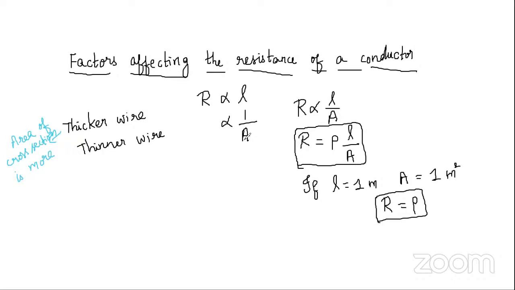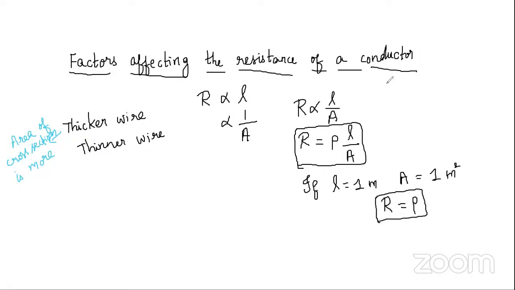So how can you differentiate the ability of materials to offer resistance to the flow of electrons? For that only we introduce the concept of resistivity, because resistivity is a constant for a particular material. If you take copper, the resistivity is constant, whatever the length or area of cross section, because we consider 1 meter length and 1 meter squared area.